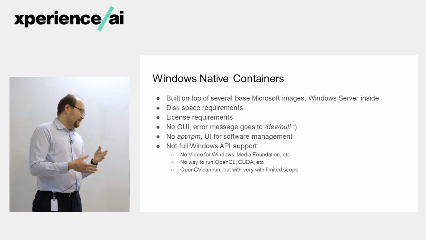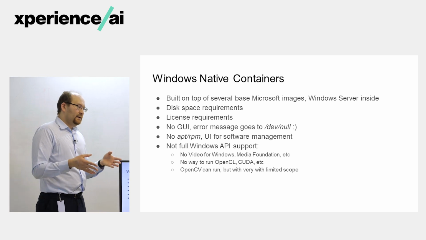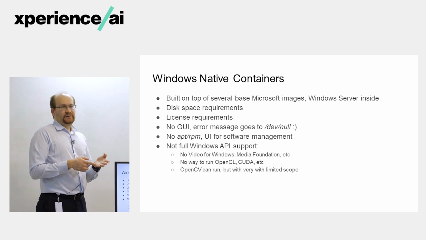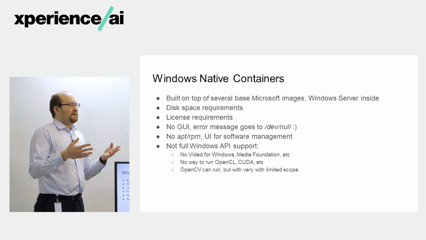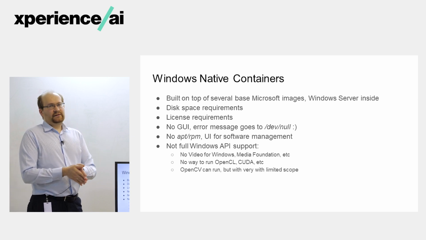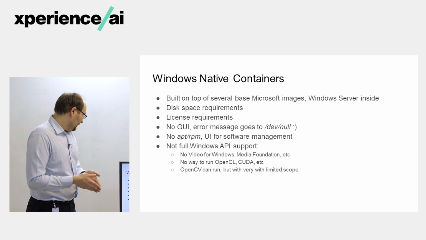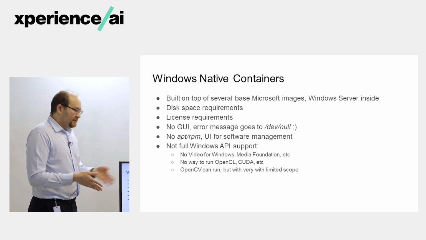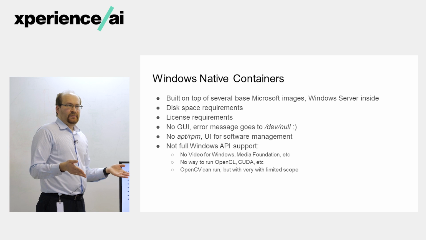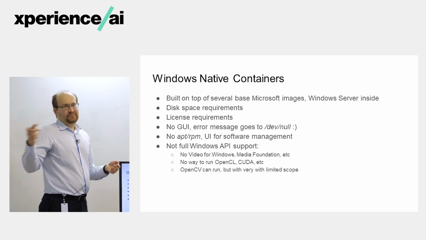So if you want to run, for example, OpenCV, you have to build OpenCV without Windows multimedia stack, without some pieces that are usually there on a regular Windows system. And there's no hardware support for now, because it's more tricky than just mounting some dev and so on.